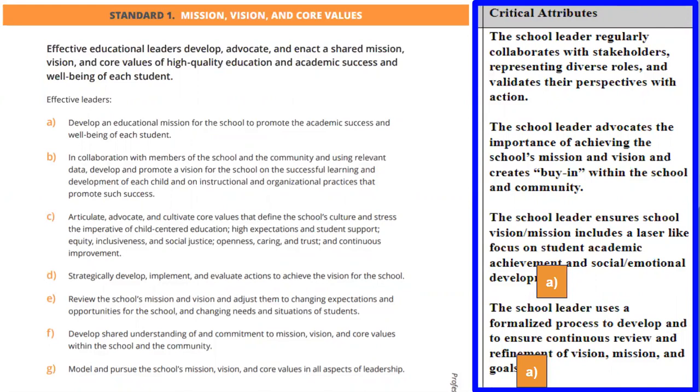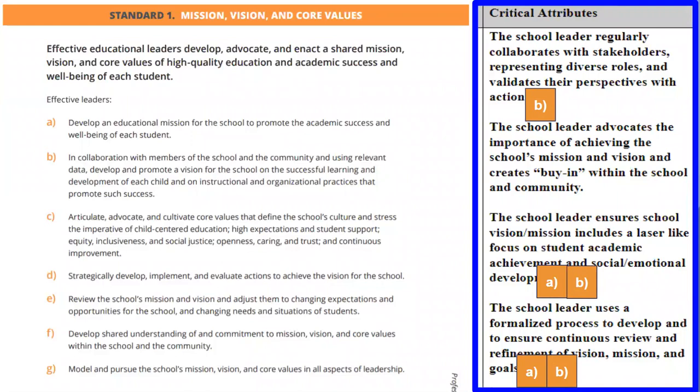Now let's examine element B. The content of element B connects the first, third, and fourth critical attributes. Element B is focused on using collaboration and relevant data to expand the school's vision while maintaining a focus on the successful learning and development of each child and on instructional and organizational practices that promote such success.